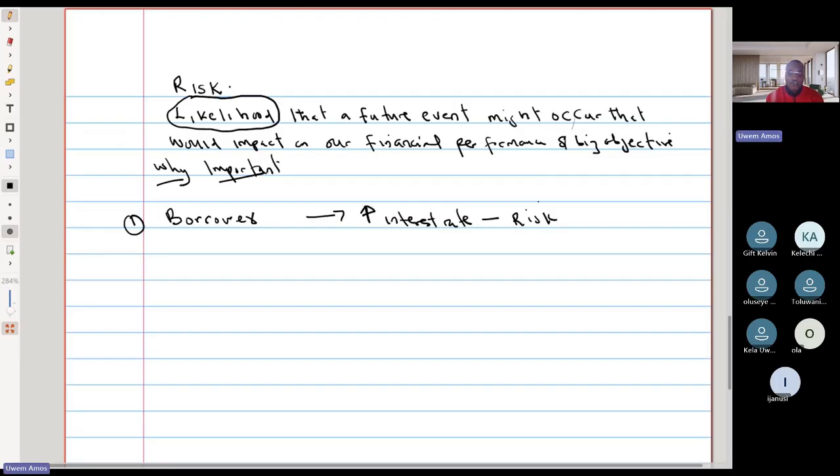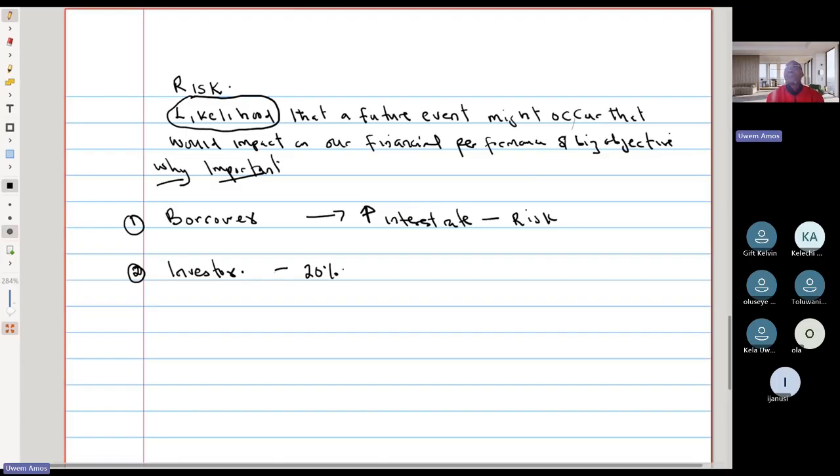Now, what if you are an investor? You are also impacted by interest rate risks. And what do we mean by that? Let's assume that you had an investment where you had interest of, say, 20%.